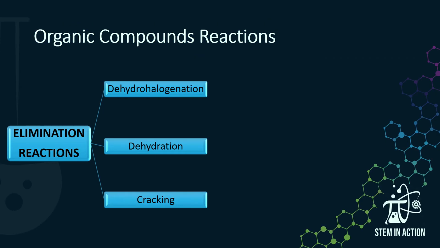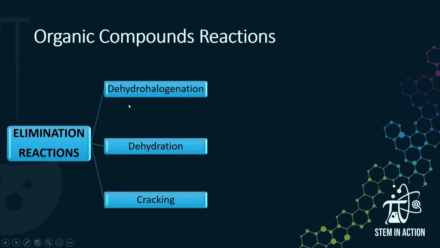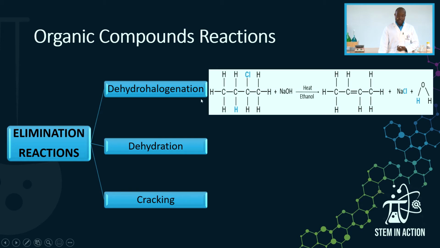So we're going to look at elimination reactions, and there are three types of elimination reactions that you have to know. The first one is dehydrohalogenation, dehydration, and then cracking reactions. So this is an example of a dehydrohalogenation reaction. And as the name suggests, remember, in the addition reactions, we had a hydrohalogenation reaction where we're adding a hydrogen and a halogen.